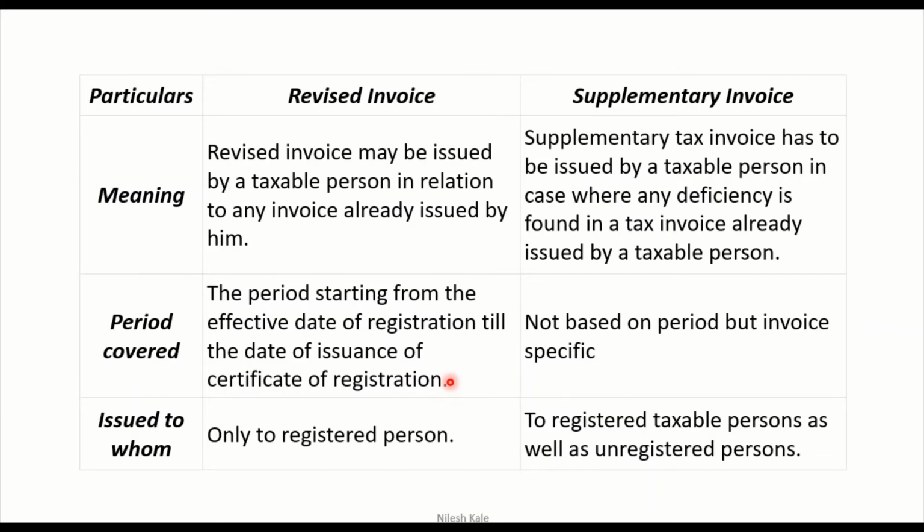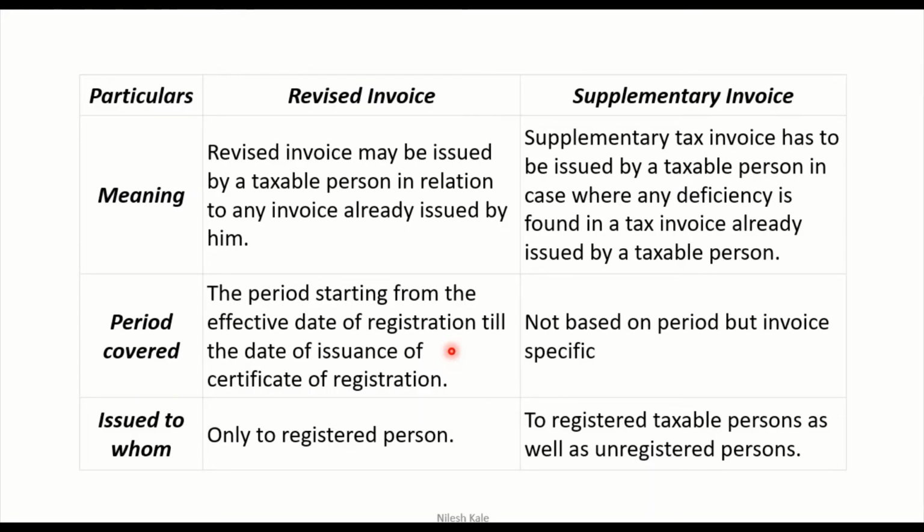In short, a revised invoice can be issued anytime when you are in the registration. Okay, you can revise your invoices, but there is a time limit. You cannot issue a revised invoice after 4 years.